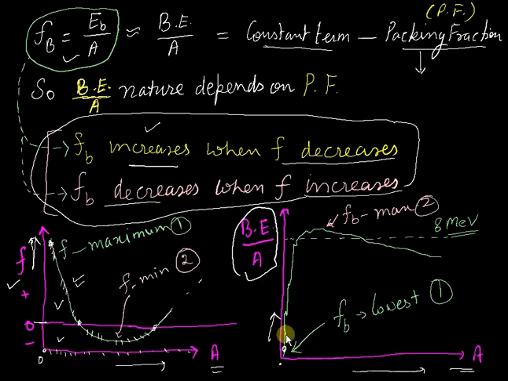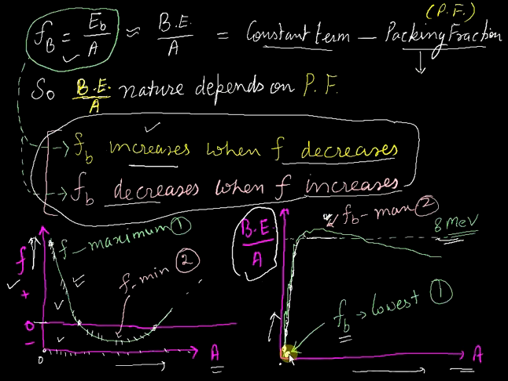For the light mass nuclei, you see some kinks here, and the binding energy per nucleon curve increases with the mass number. Initially it is very small, and then it increases, up to near about 8 mega electron volt. So here the value of FB is minimum, and here it is maximum.